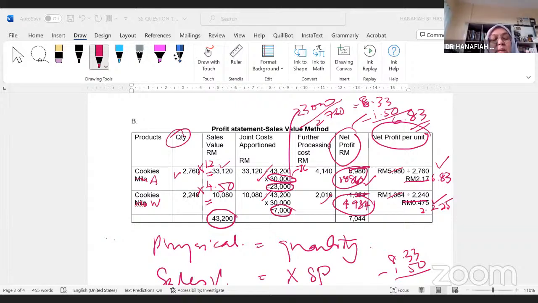You asked me about joint product, is it? Yes, it's about a joint product, ma'am. Okay, so now you want to know when you're supposed to decide to stop at the split point or to continue with the further process. How do we determine the split point?